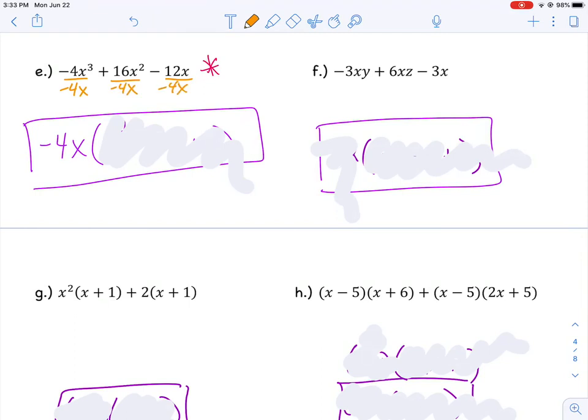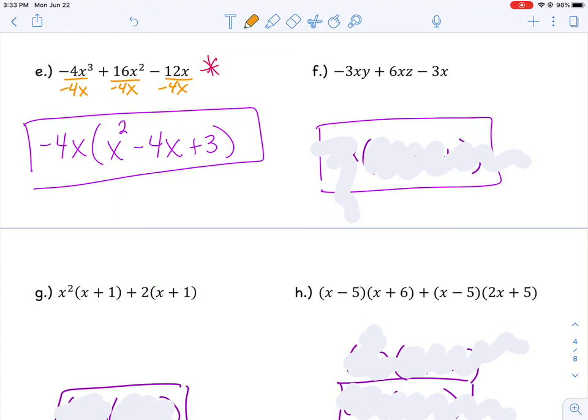All right, negative 4 divided by negative 4 should give us a positive 1, right? And x cubed divided by x gives us an x squared. We really like this first term to be positive. It'll help us later on when we have to factor more. Okay, so anytime you see a leading coefficient that's negative, it's always easier to factor out a negative GCF.